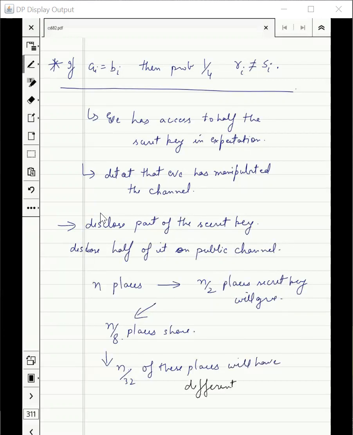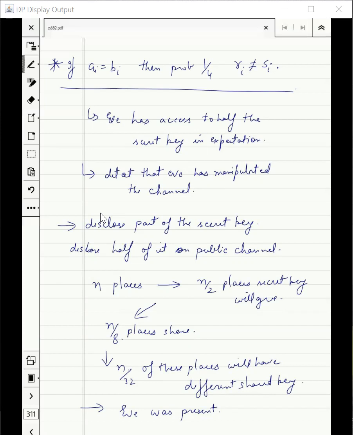That means Alice and Bob's shared key will not agree with high probability, and that means that Eve was present. And they have shared n by 8 places, so the remaining 3n by 8 places will become the secret. If in the n by 8 places they don't find any difference, that means with high probability Eve hasn't done anything. Then the rest of the 3n by 8 places will be there.